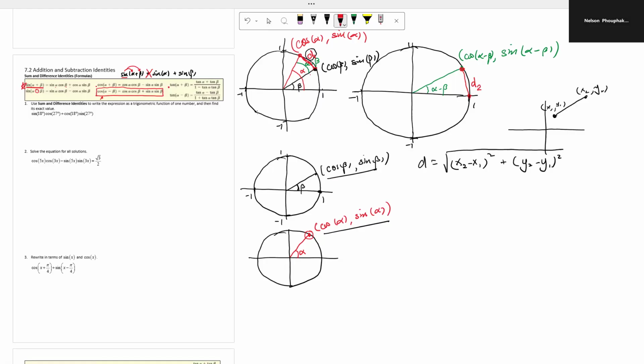Then d sub 1 will be the square root of cosine alpha minus cosine beta to the square plus sine alpha minus sine beta to the square.